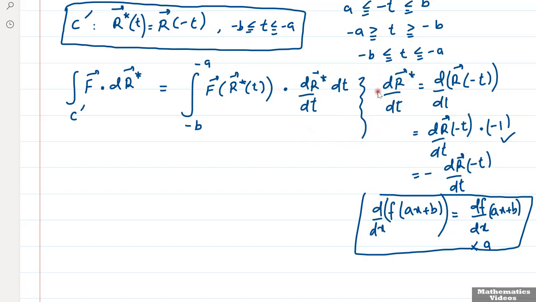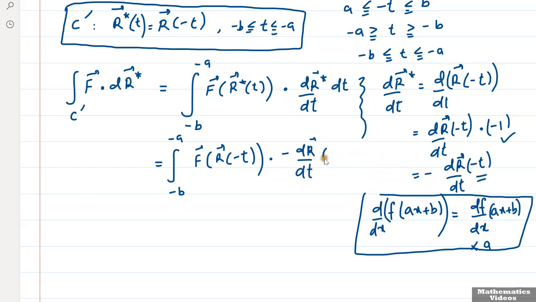Now we will put the expression for dr star by dt into the integrand. We get this equal to the integral from minus b to minus a of f of r star of t, where r star of t is r of minus t, dot dr star by dt, which is equal to minus times the derivative of r with respect to t evaluated at minus t, times dt.